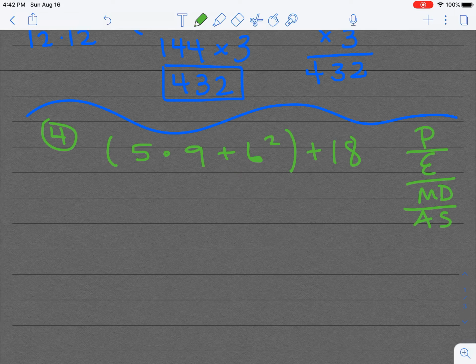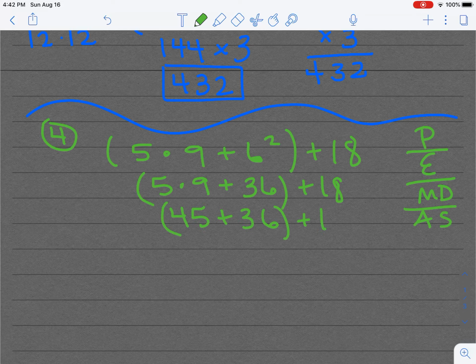So then I will do inside the parentheses, I have an exponent. So that would come before anything else. Well, 6 squared, that's 36 because it's 6 times 6. Now I bring everything else down. Now I'm still inside parentheses and I'm going to multiply before I add. 5 times 9 is 45. Bring down the rest.